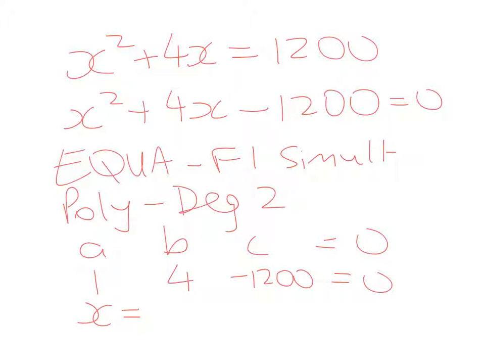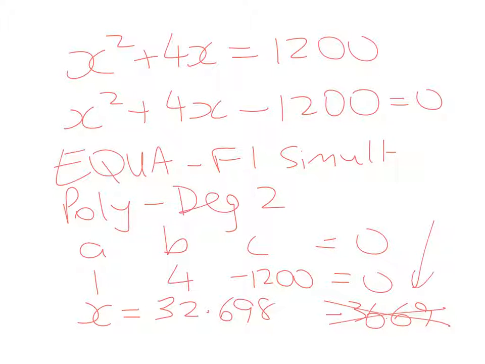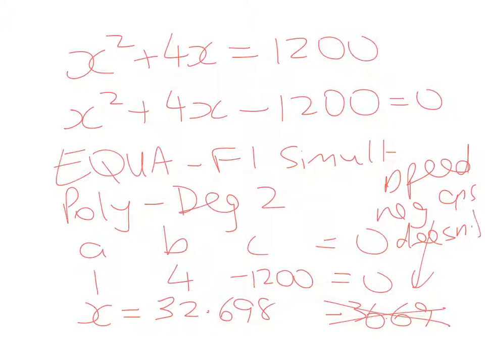It tells me that I've got two possible values of x. I've got 32.698 or negative 36.69. We're going to ignore that because we're dealing with speed, and so we want a positive solution. Negative answer doesn't make sense.